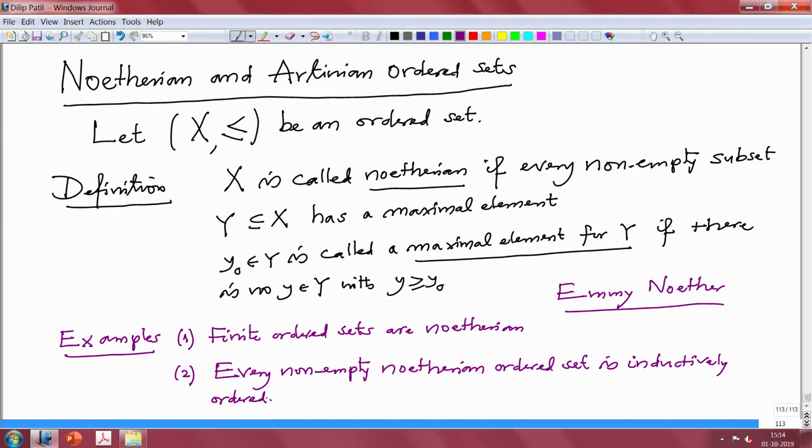What is inductively ordered? Recall, inductively ordered means if every chain in that ordered set has an upper bound, then the set has maximal elements. So, this is very important to check whether the ordered set is inductively ordered or not, because this allows us to use Zorn's lemma. Okay, so next one.